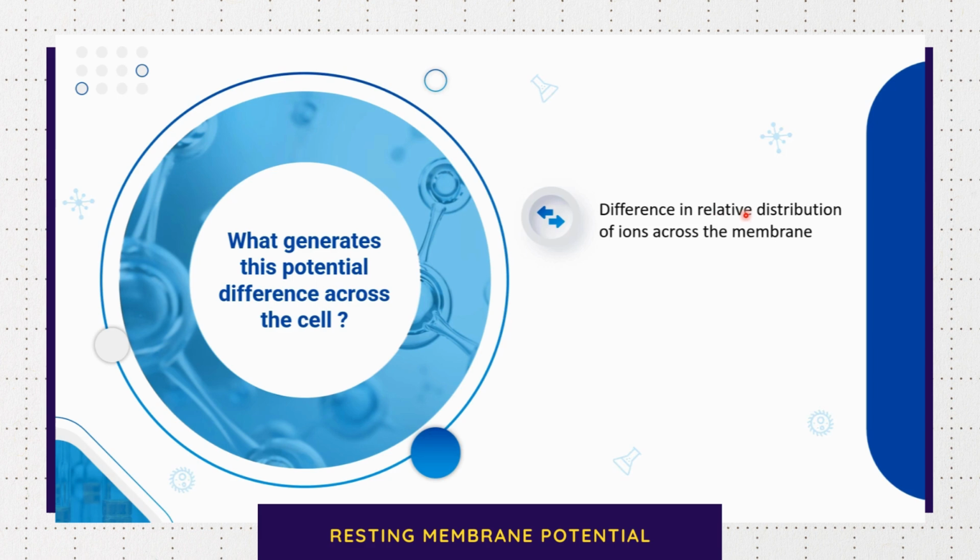Also, the type of ions present inside the membrane differs from that present outside. And this is brought about by a difference in permeability of the membrane to different ions, what is known as selective permeability of the membrane. This is explained by the Gibbs-Donan equilibrium. It considers these two factors and explains how resting membrane potential is generated.